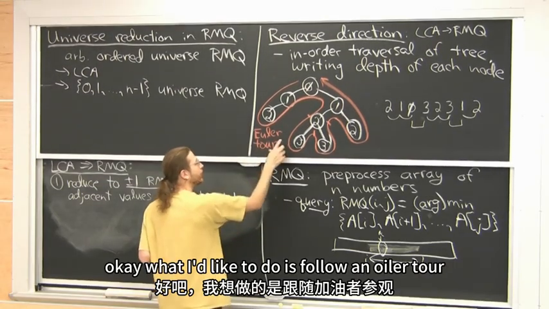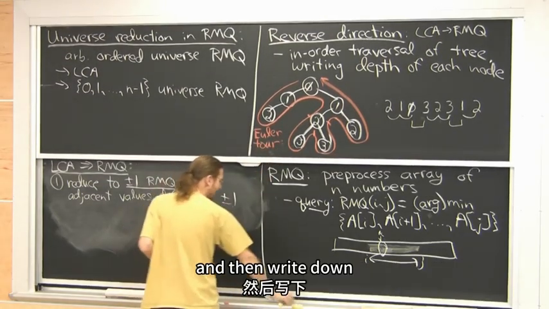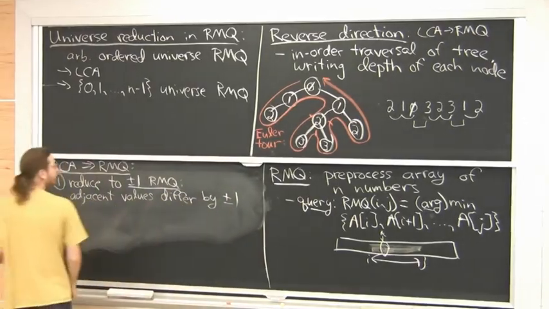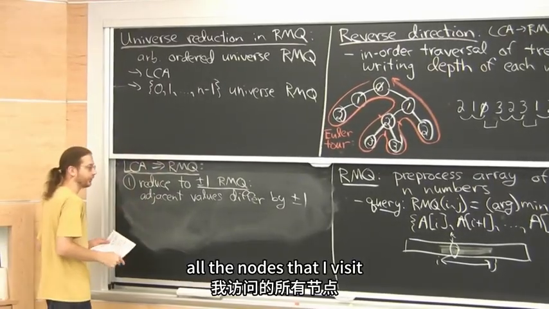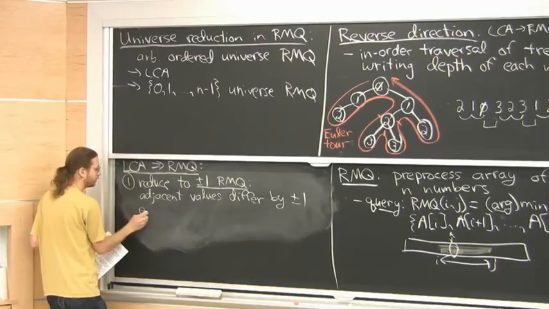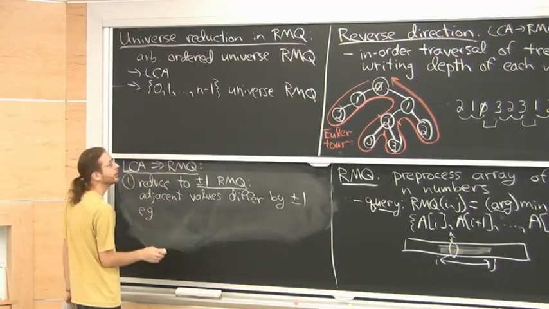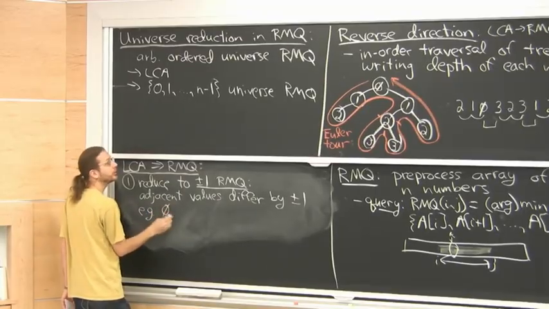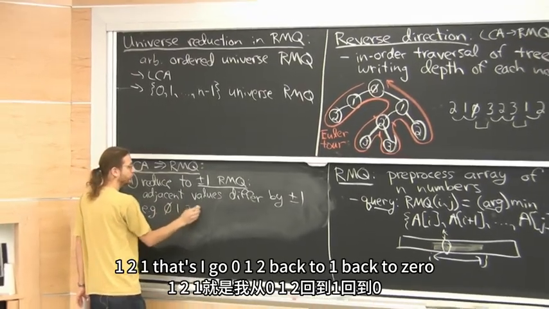Okay, what I'd like to do is follow an Euler tour and then write down all the nodes that I visit, but with repetition. So in that picture, I will get 0, 1, 2, 1.